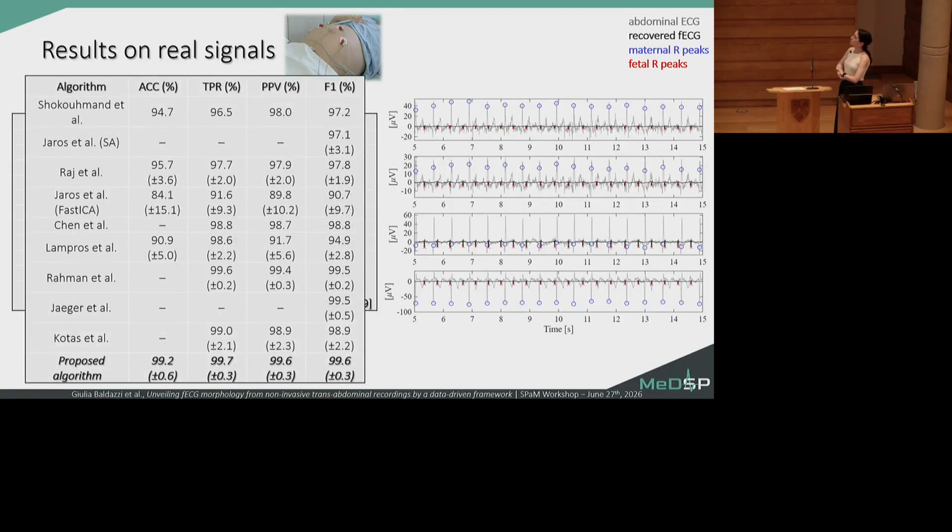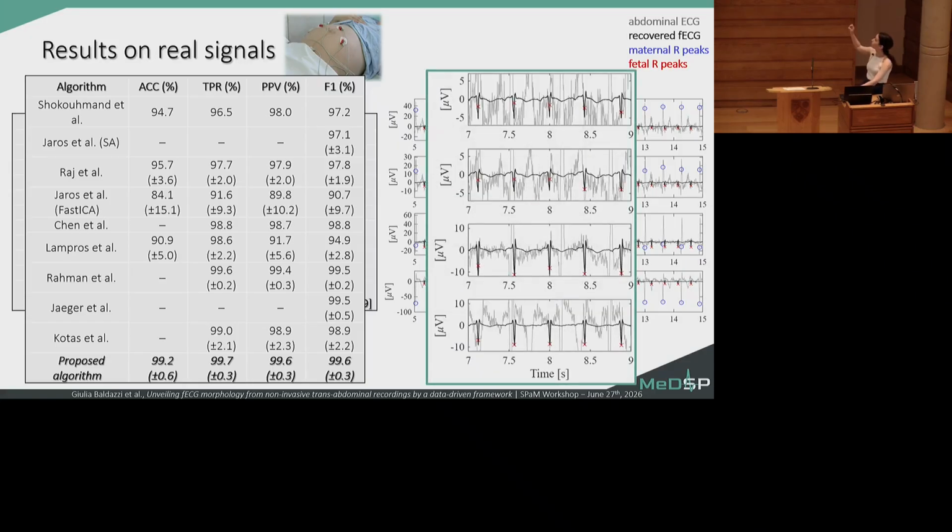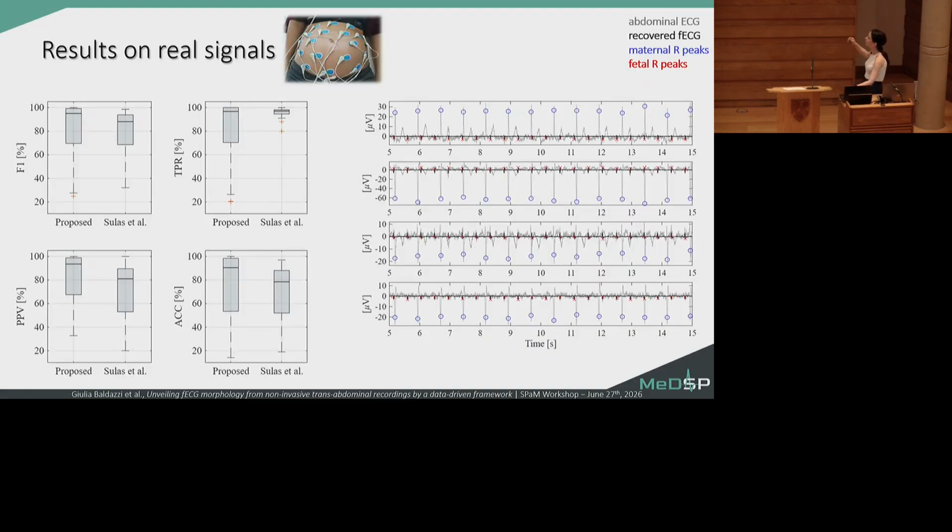And it also outperformed the currently available algorithms that have been tested on the same data. On the other hand, from the morphology perspective, we can also appreciate its capability of recovering very useful clinical features, suggesting the presence of P and T waves.